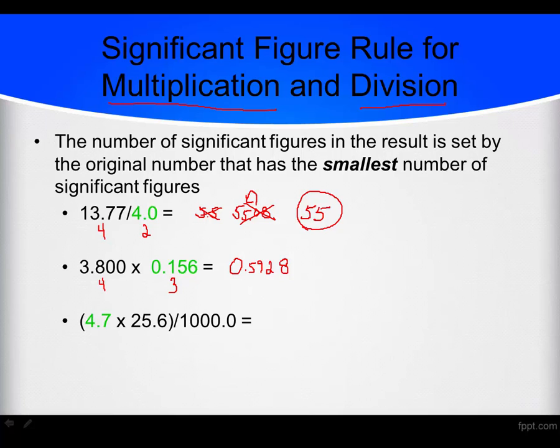Okay. How many sig figs do I want in my answer? Smallest number is 3. So I'm going to take the 5, the 9, and the 2. Those are my first 3 sig figs in that number. And I'll use the 4th one to determine how to round. So I will have an answer of 0.593 since the 8 rounds the 2 up.